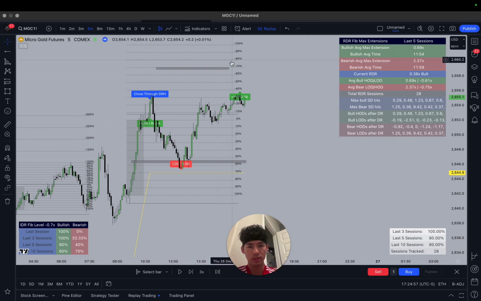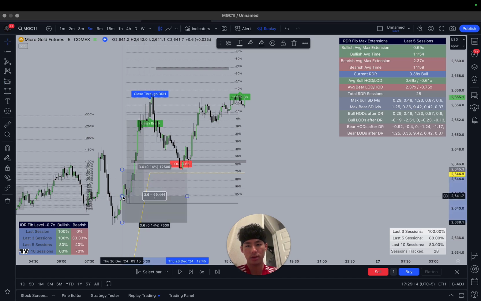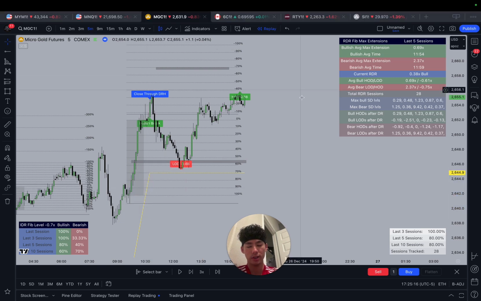And then 0.69, which is the 0.7 or 70% fib level, is up here. All of these fib levels are very consistent. They're drawn every single day from 9:30 to 10:30, so the data is consistent, if that makes sense.